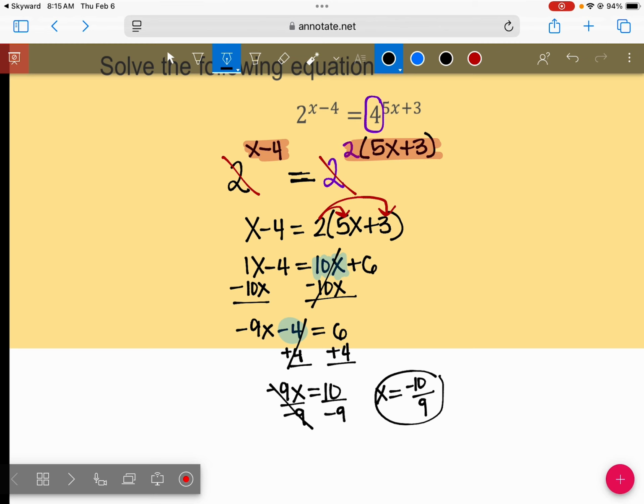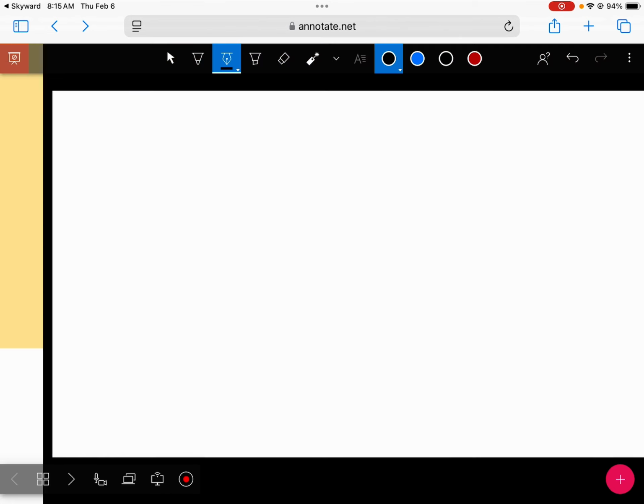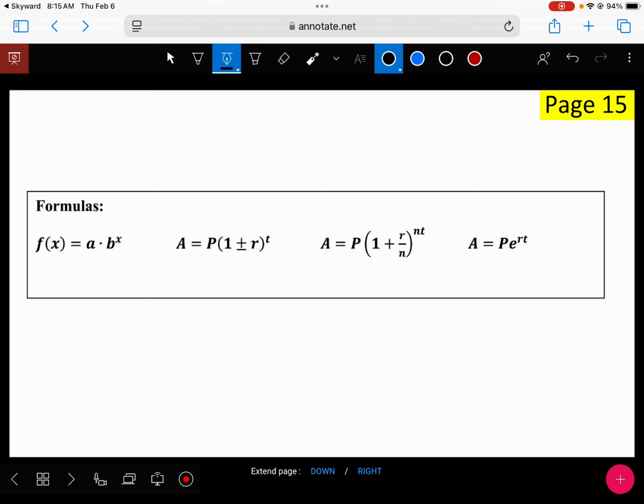So take out your note packet and go to page 15. This is the new formula. We got a new friend. That's the new friend we're going to work with today. So page 15 in your note packet.